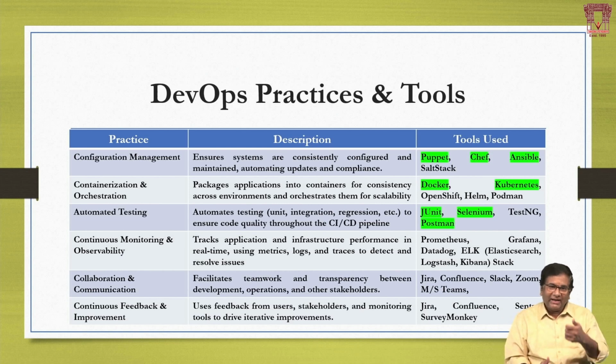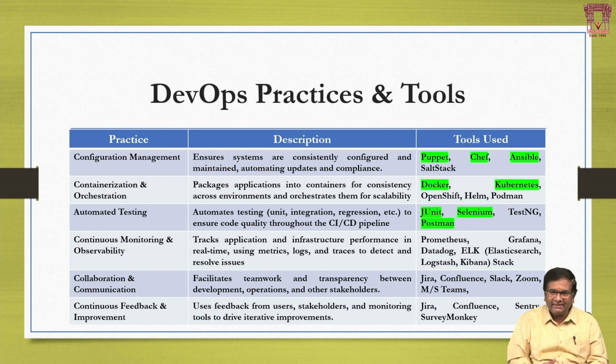Another important thing is containerization and orchestration. Now, virtual machines is a concept that's been there since 2000, but virtual machines have some problems and challenges, which are solved by Docker really well.